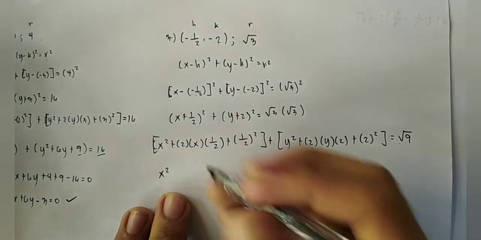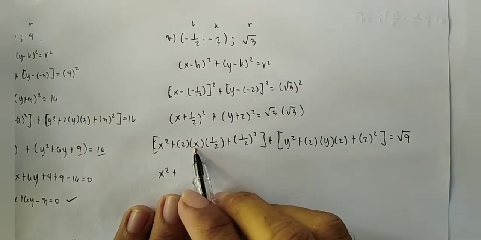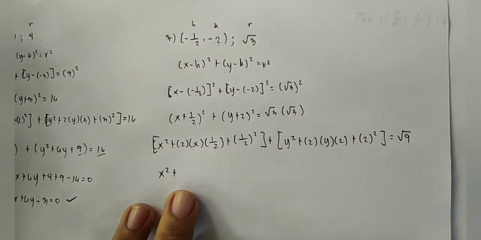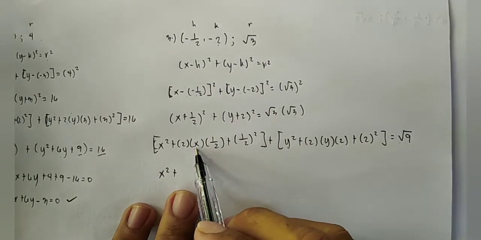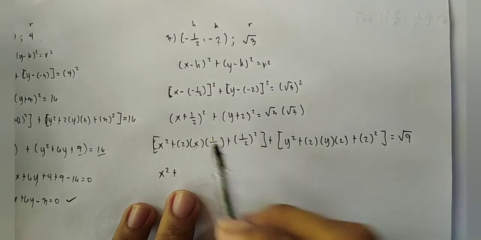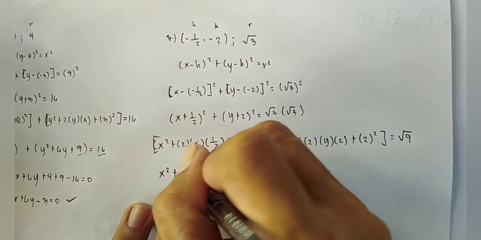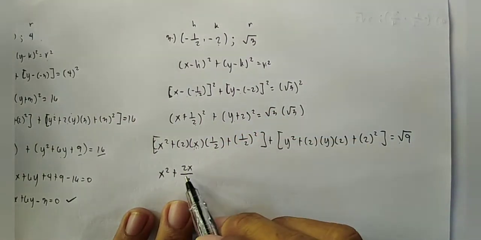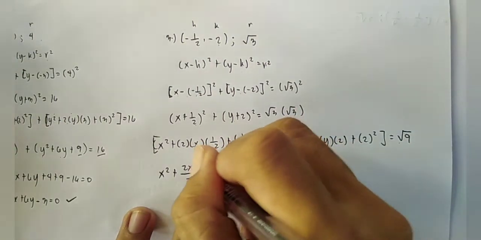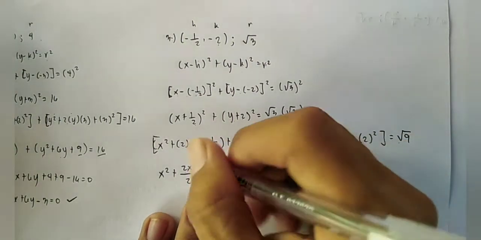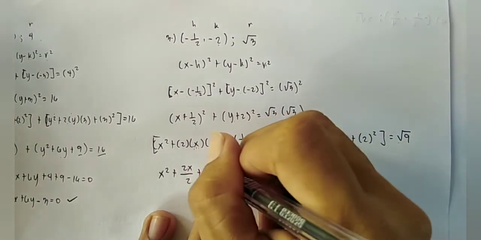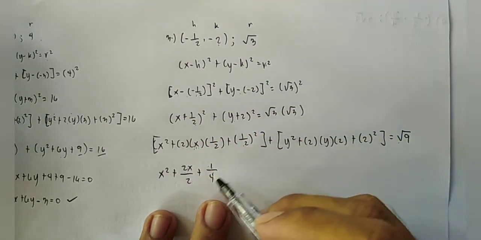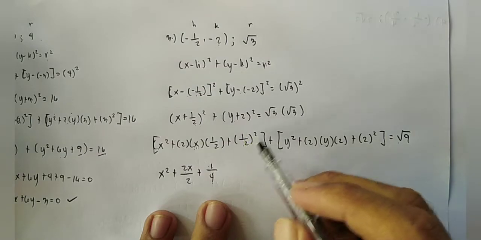Then plus 2 times x, that is 2x. 2x times 1, that is 2x, then over 2. 2 times x, 2x, then times 1/2, that is 2x over 2. Plus 1/2 squared, you will get 1 over 4. So that is 1 times 1, 1, 2 times 2, 4, since that is 1/2 squared.